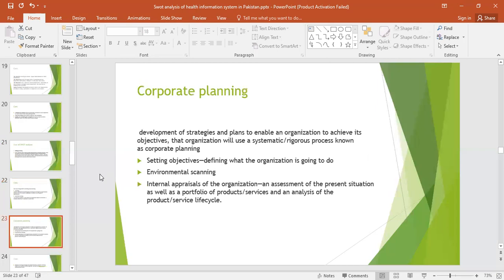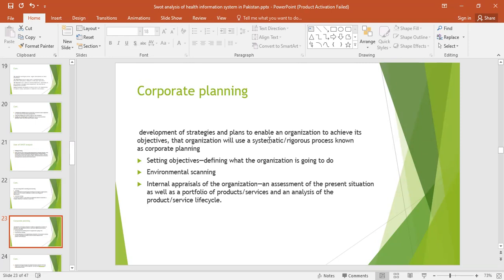Now comes corporate planning: development of strategies and plans to enable an organization to achieve its objectives. The organization will use a systematic, rigorous process known as corporate planning.